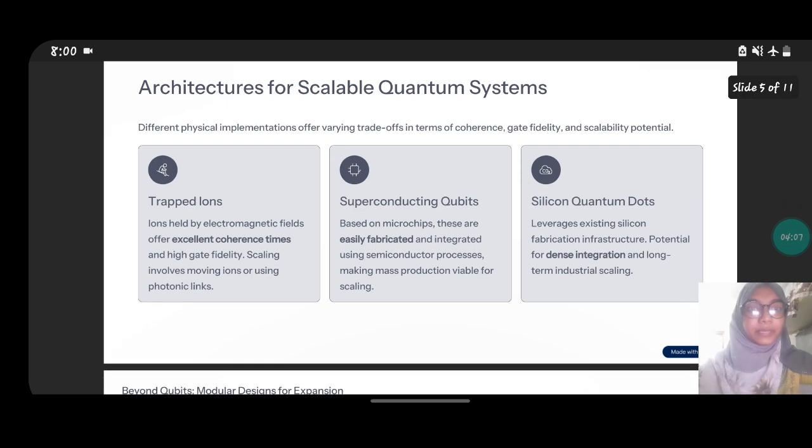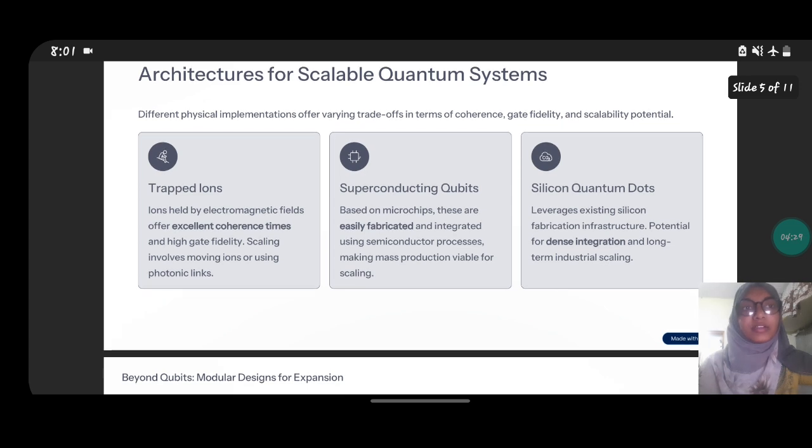Superconducting qubits are based on microchips. These are easily fabricated and integrated using semiconductor processes, making mass production viable for scaling. And silicon quantum dots leverage existing silicon fabrication infrastructure, with potential for dense integration and long term industrial scaling.